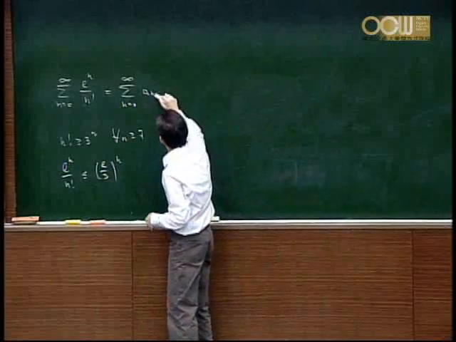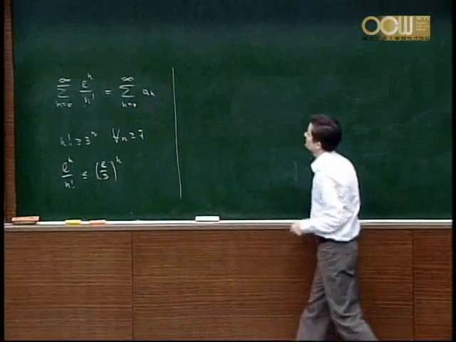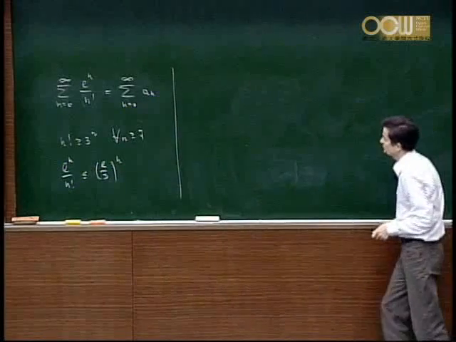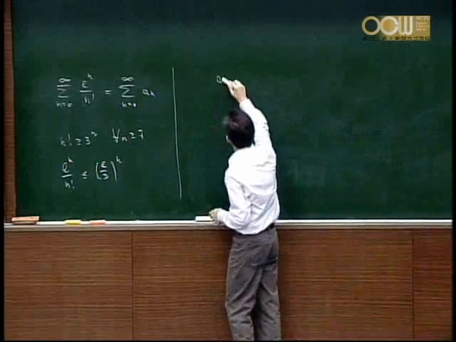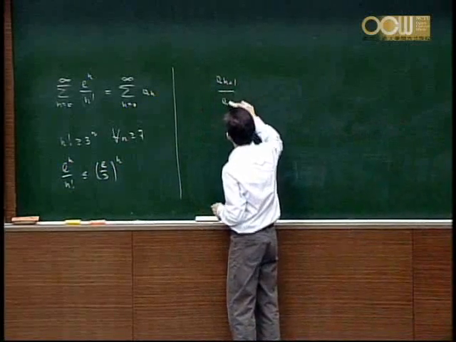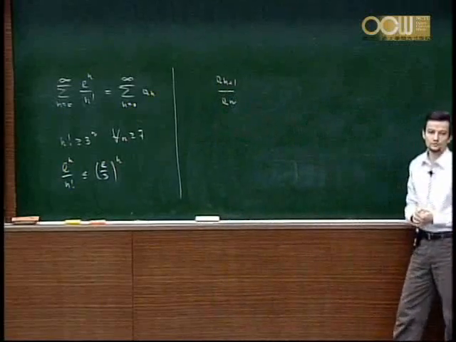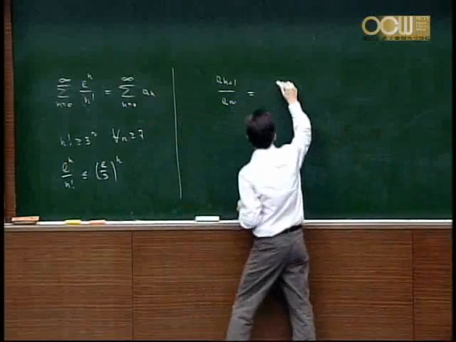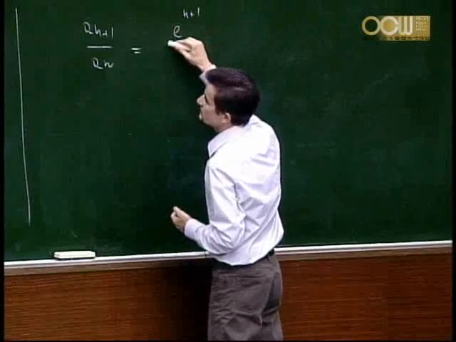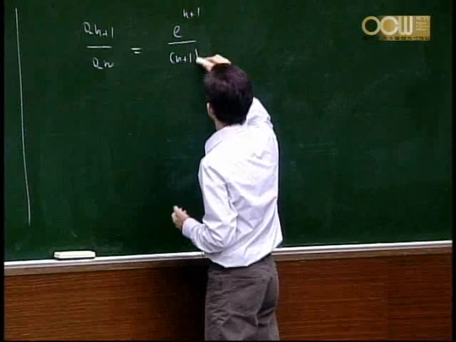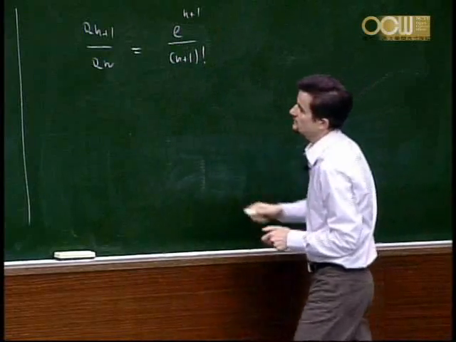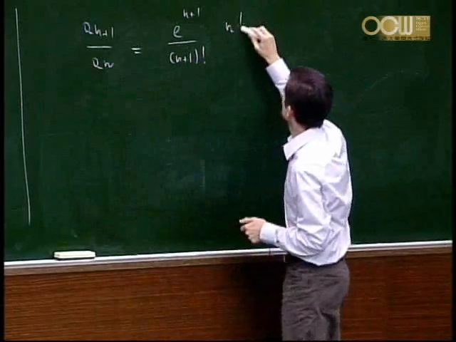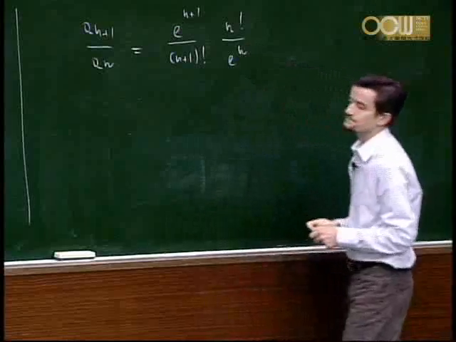Now, a more clever idea is the following. You observe that if you look at the ratio of two terms, you plug in: you have e to the n plus 1 over n plus 1 factorial, and then the a_n is n factorial over e to the n.